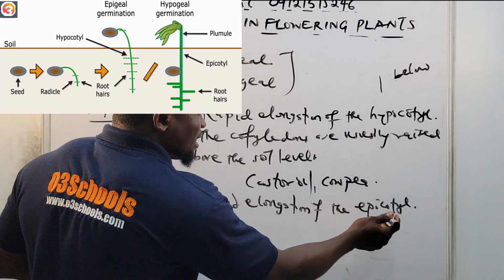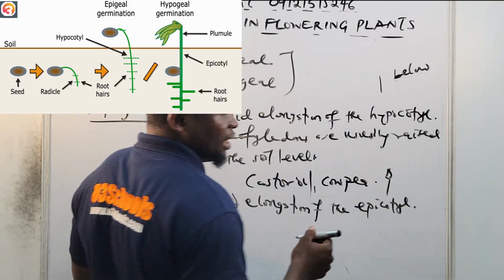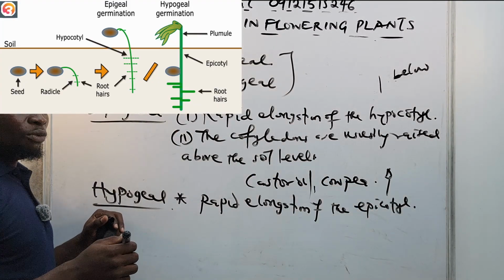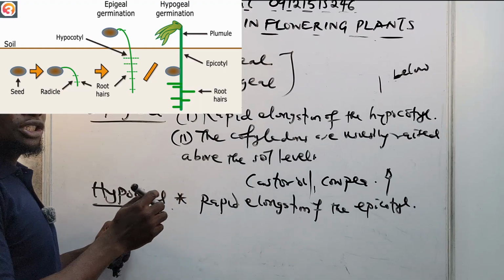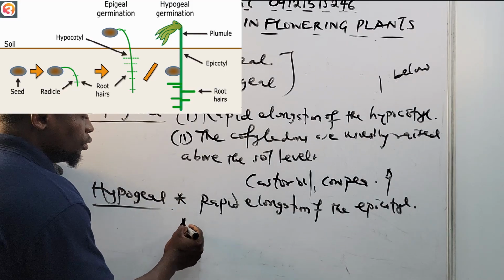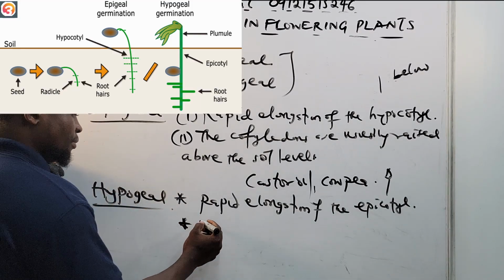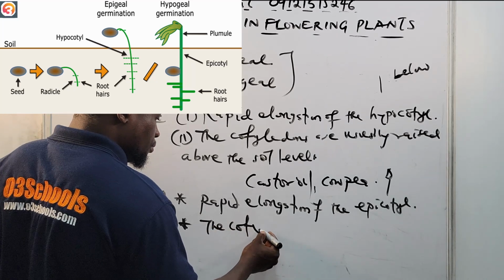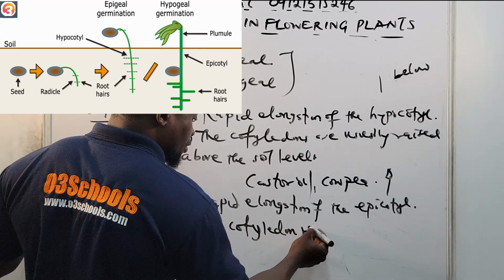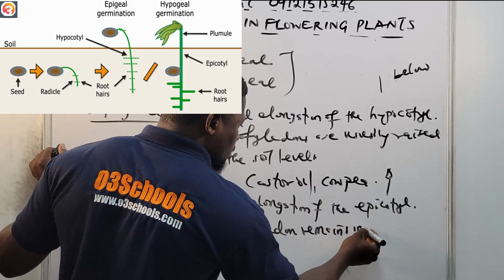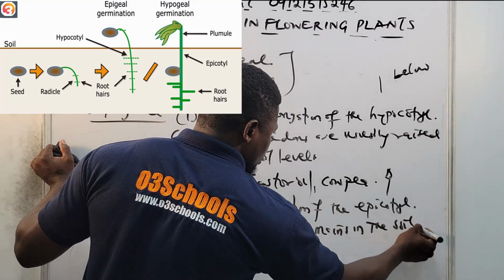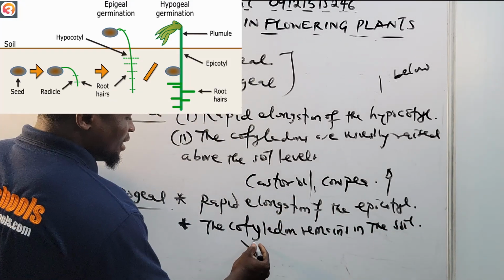The part of the axis that is above the cotyledon is what we call the epicotyl. So, rapid elongation of the epicotyl, and two, the cotyledon remains in the soil.